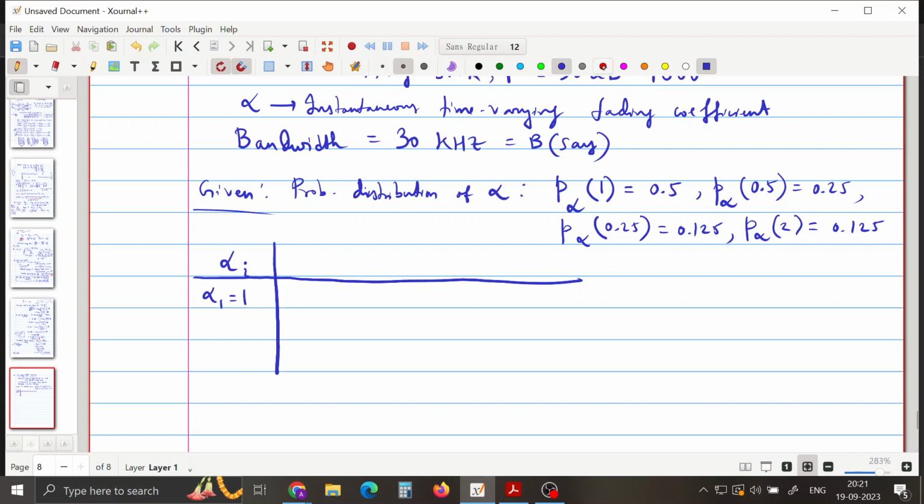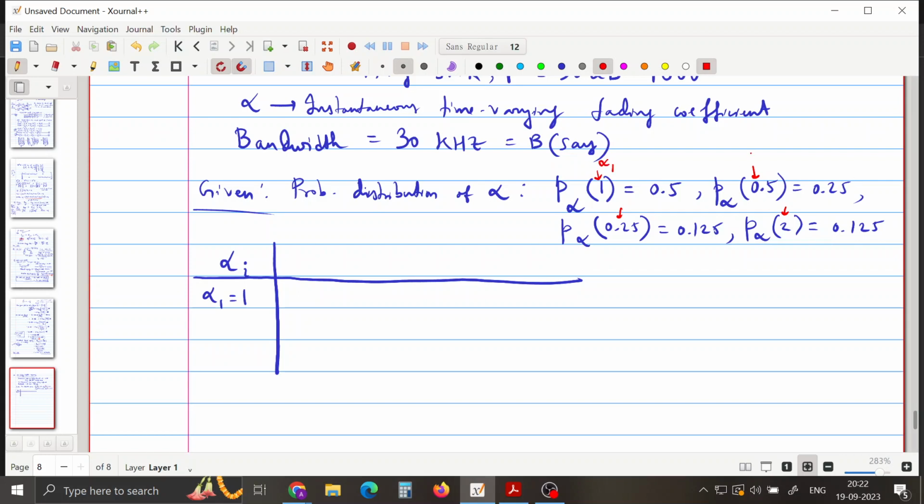These values inside the brackets are my alpha i's at time instant 1, 2, 3, 4.